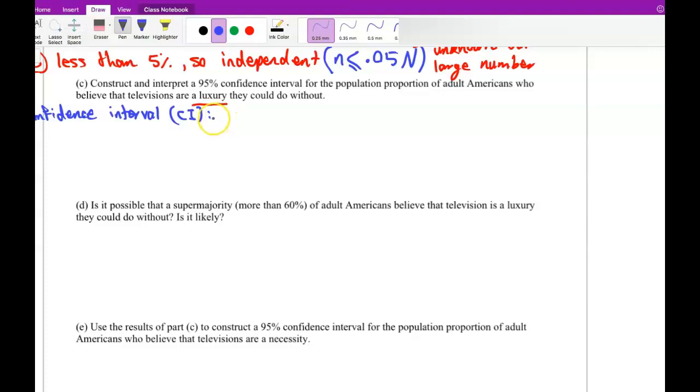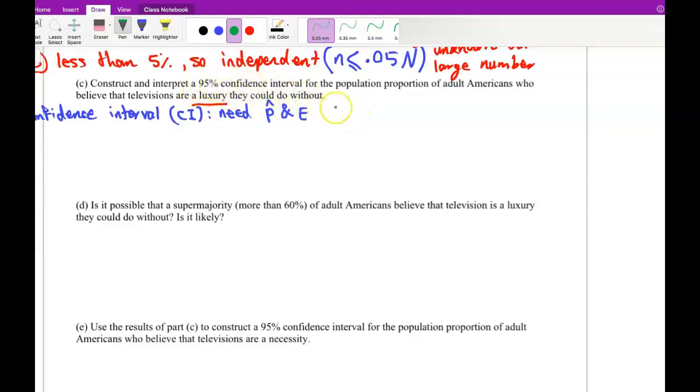So for this form, we need to find p hat and E. Okay, so this is a 95% confidence interval.